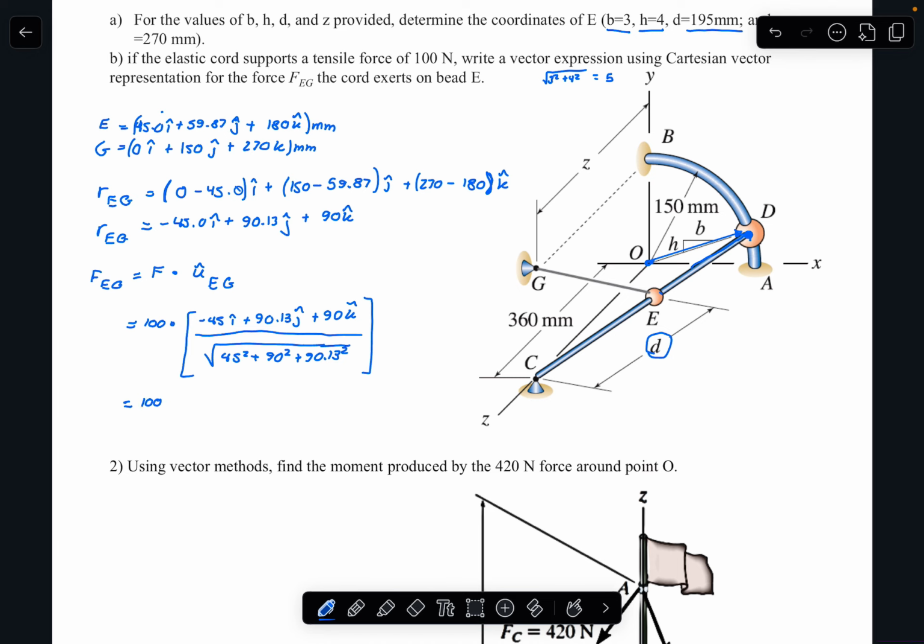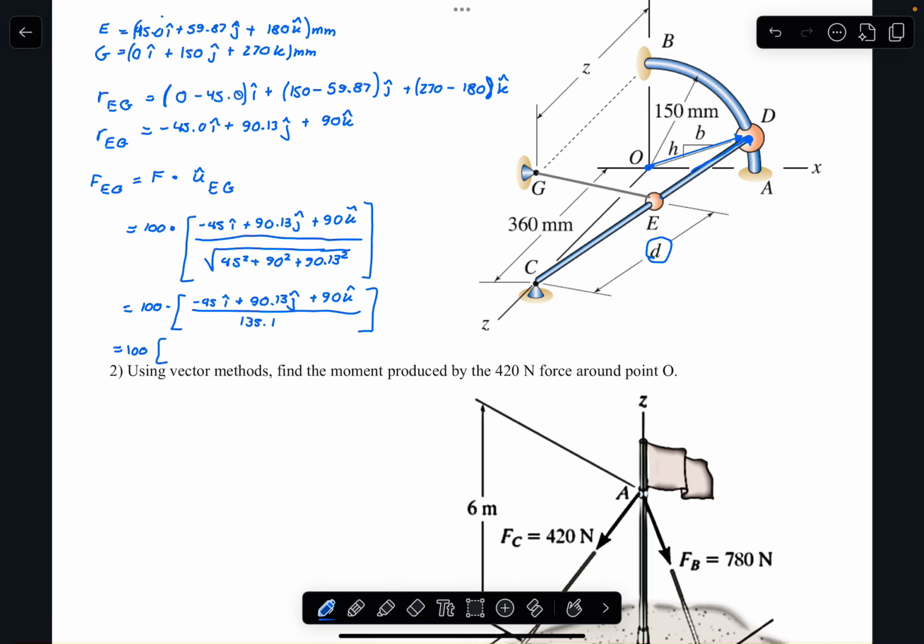So 100 times negative 45 i hat plus 90.13 j hat plus 90 k hat, divided by 135, will give you the unit vector.